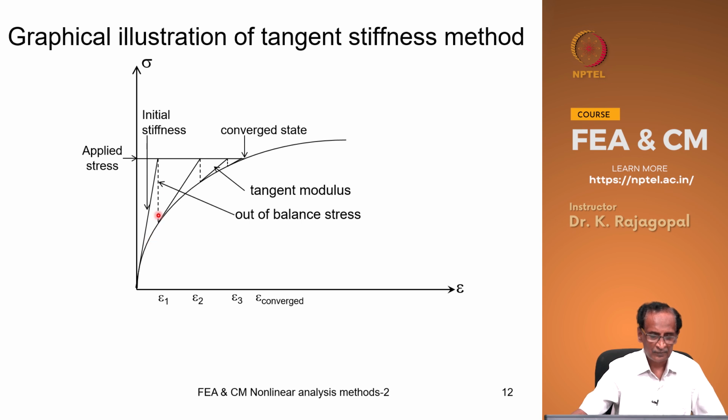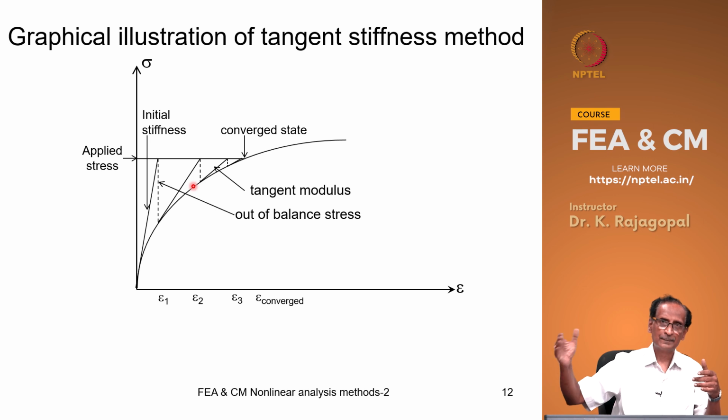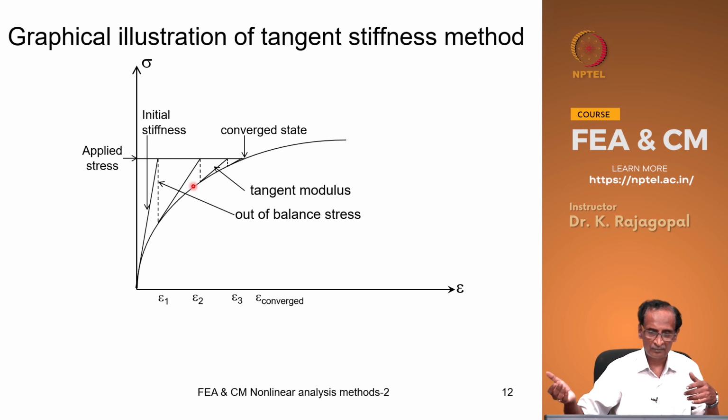The first time we apply the initial modulus of 600 for this particular case, then we get this out of balance force, and then calculate our strain increment as the ratio between the out of balance stress divided by the tangent modulus at this strain level, and then we repeat this. As we proceed your tangent modulus is going to reduce and your strain increment is going to be very large compared to what we had earlier.